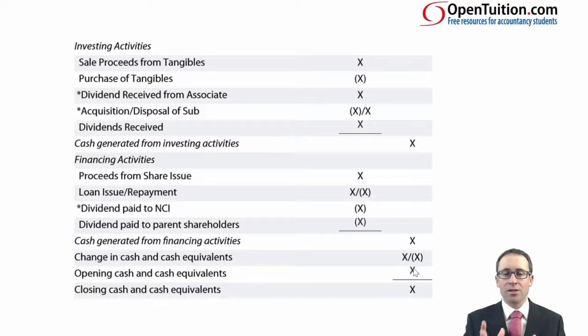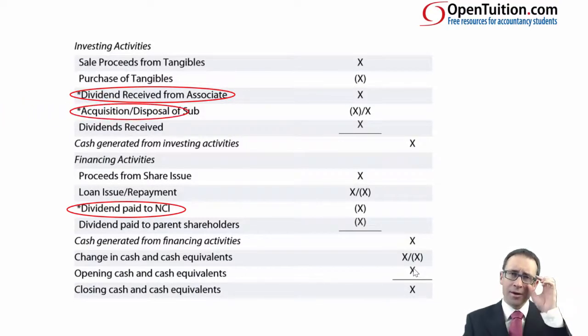So here we're essentially looking at the investing and the financing activities. Within your financing activities, you can see the dividend paid to the non-controlling interest. That is in brackets, that is an outflow. The dividend received from an associate, remember we said that is an inflow, and that goes within your investing activities.